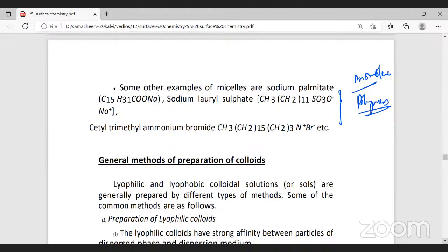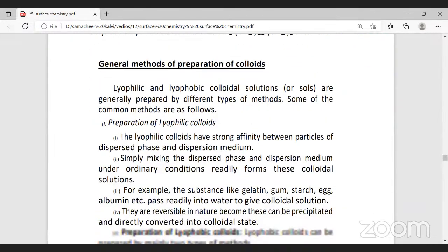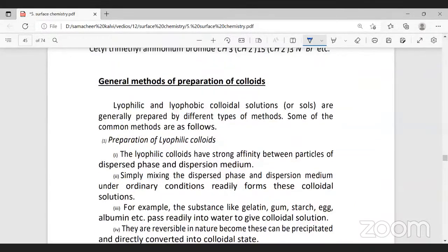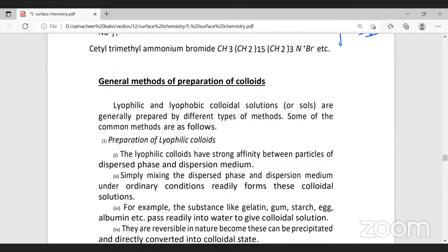Now, general methods of preparation of colloids. Lyophilic and lyophobic colloidal solutions or sols are generally prepared by different types of methods. Some of the common methods are given.